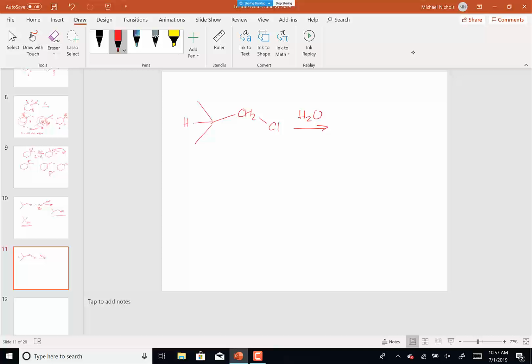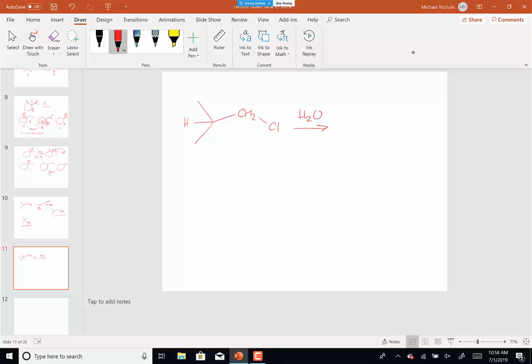This molecule right here says, you know what, if I had enough energy, I could become a carbocation. And you would say, no, because if you break the carbon-chlorine bond, you're going to form a primary carbocation, and there's not enough energy in solution to have that happen.